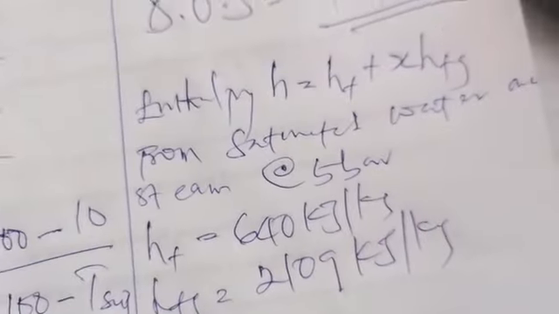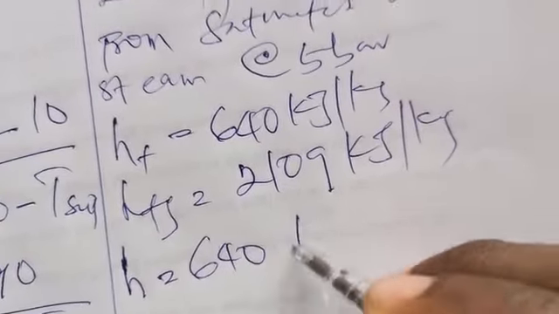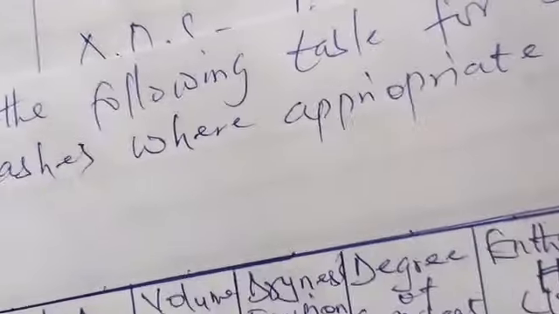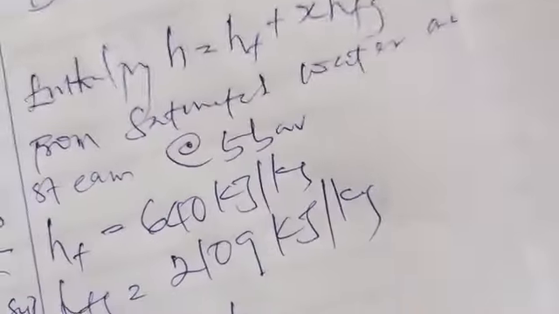So we have this. All right, so we're looking for specific enthalpy h, and that's equal to hf, which is 640, plus x times hfg. x is the dryness fraction, and we obtained the dryness fraction as 0.95.